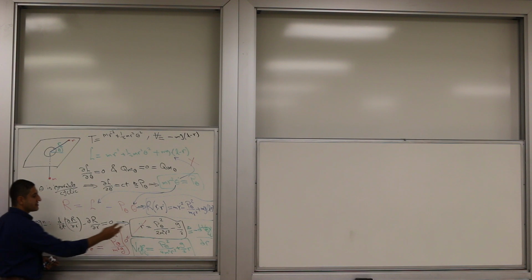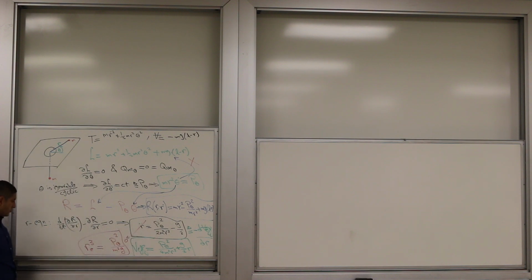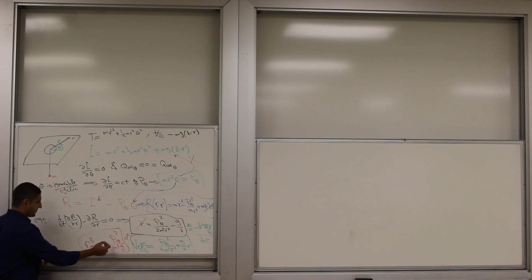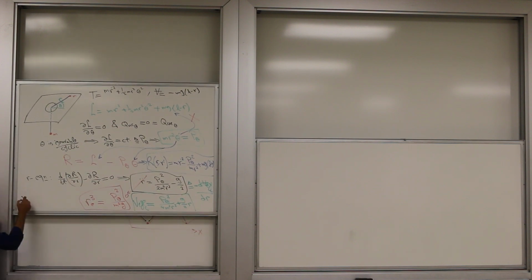But you need to give it sufficient p theta at the beginning, right? p theta goes with r squared. So if you want to analyze it further, this is indeed r cubed equals m squared r4 theta dot squared initial.